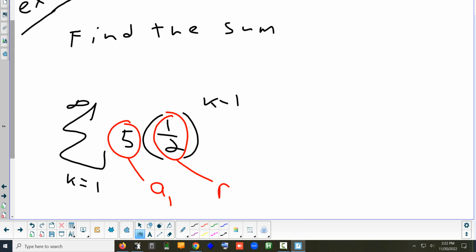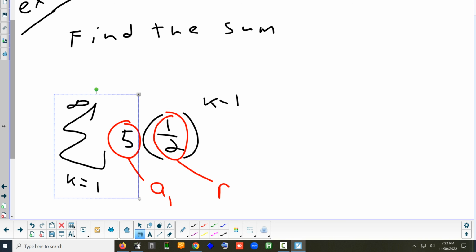Now, how do we know in this one if we should be using the finite formula or the infinite formula? Something here tells me. Not the R. The infinity symbol, right? This tells you that this is an infinite summation. It's not finite. It goes on forever.